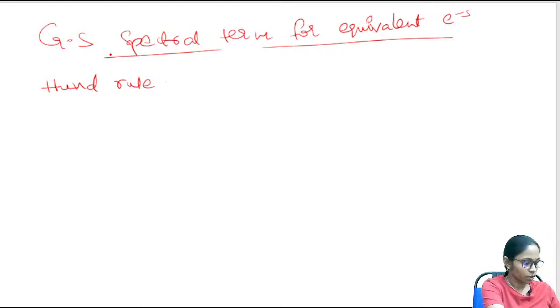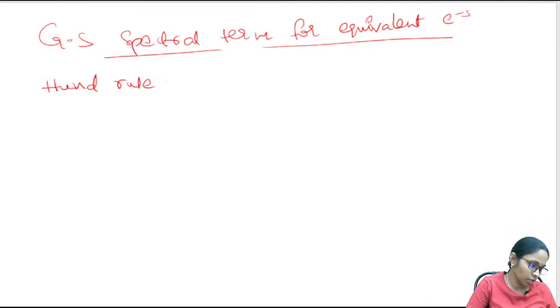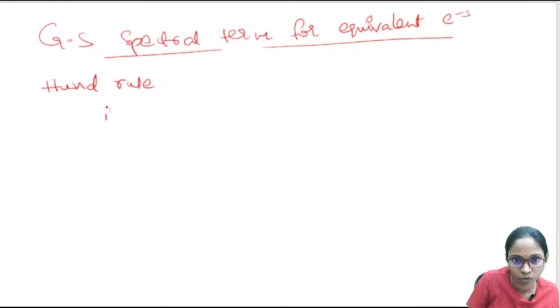So first of all, you have to go with the largest multiplicity, that is the 2S plus 1 value.